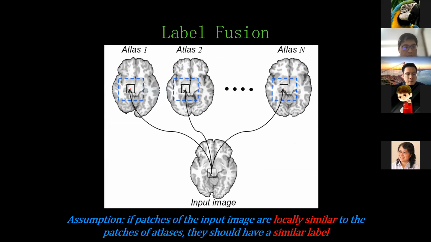There is a substitution in label fusion. That is, if patches of the input image are locally similar to the patches of others, they should have a similar label. That is a recent, very popular method, the patch-based method.